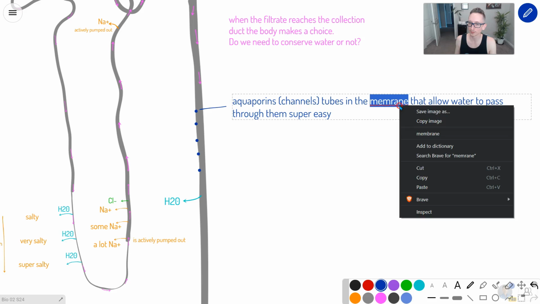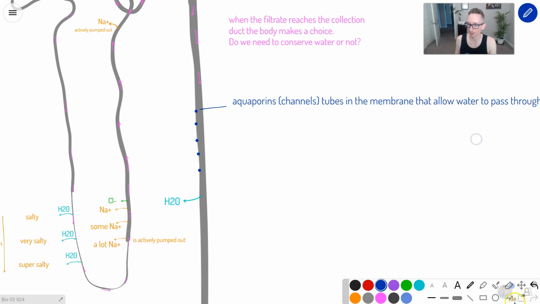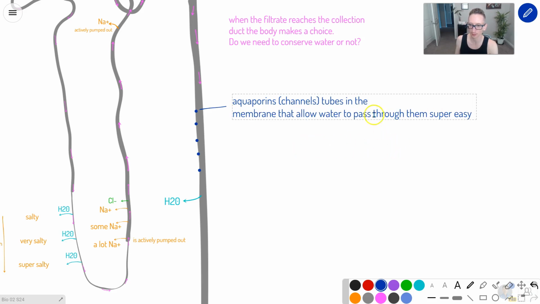Okay, they're perfectly sized for the water. They allow water to pass right through them. It's pretty cool. I love these guys. They're really beautiful, actually. Okay, so if we have a lot of aquaporins here, what that's going to result in is a lot of water being reabsorbed by your blood system.